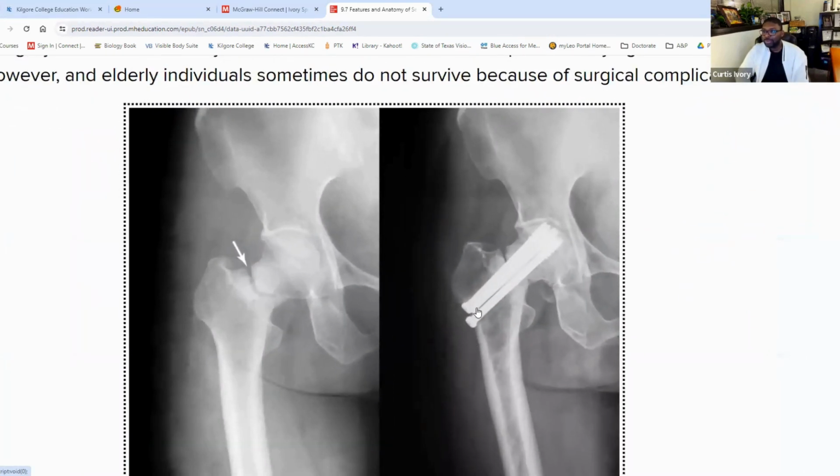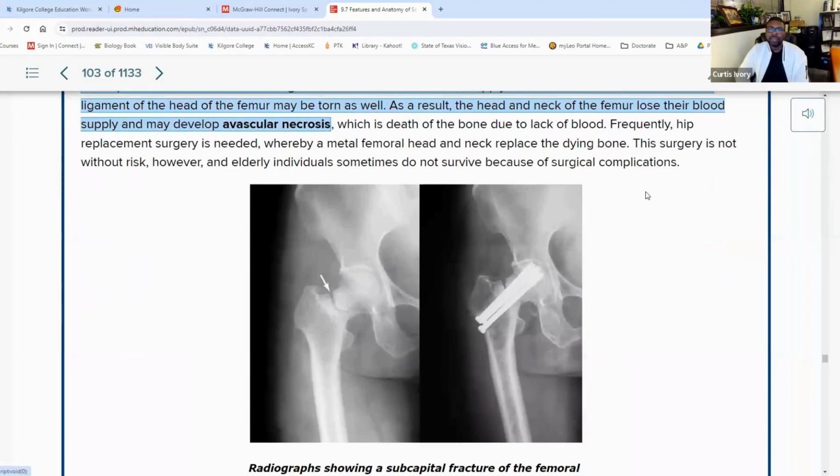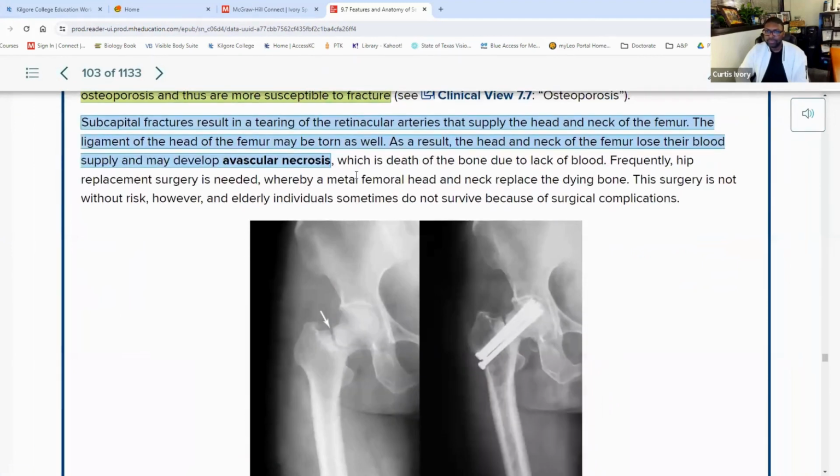And those screws will stay with you for the rest of your life and even after your life. Sometimes, as a result, the head of the femur may lose blood supply and develop avascular necrosis. Avascular means there's no blood vessels. Necrosis means that you're having cell death that's not programmed. You're having random cell death.